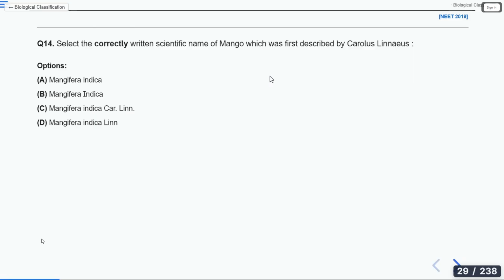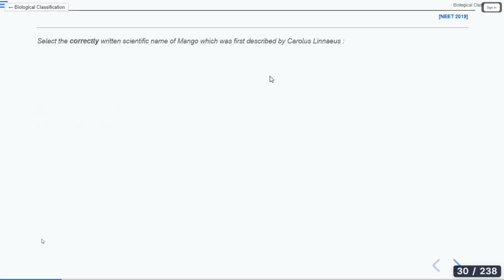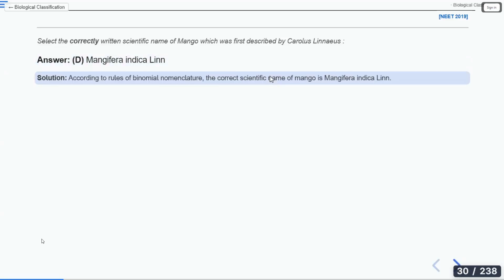So now just tell me which will be the correct answer here. We should write the author name. Okay, now it is option D. So option D is the correct answer. Whenever you are writing a binomial name of any organism, you have to include the author citation there. So Mangifera indica Linn. You should use the correct abbreviated form of the author's name.